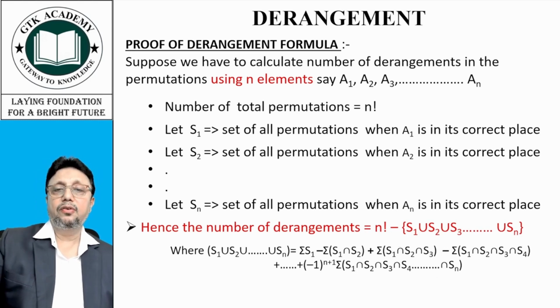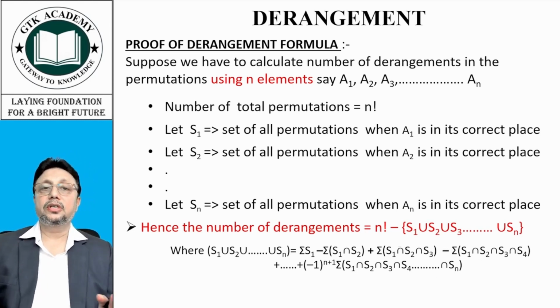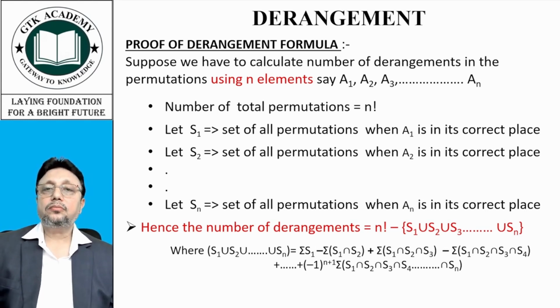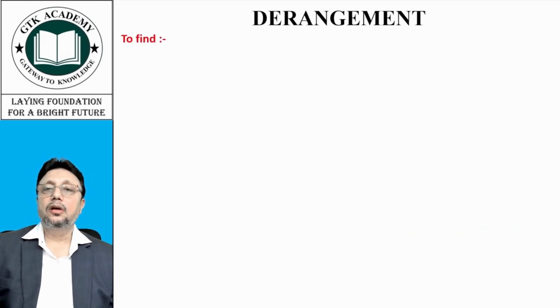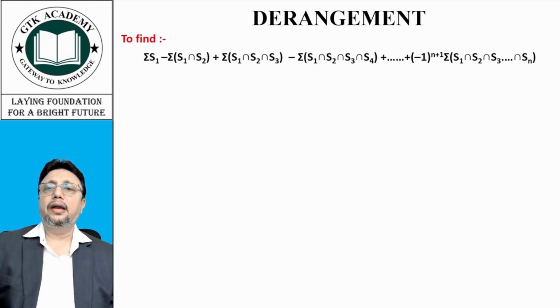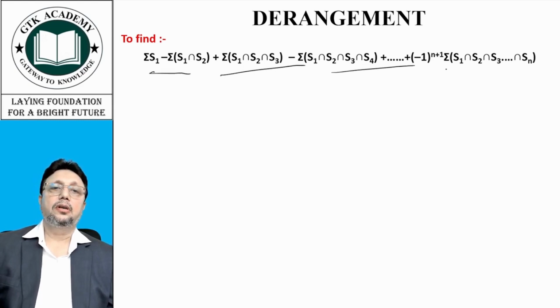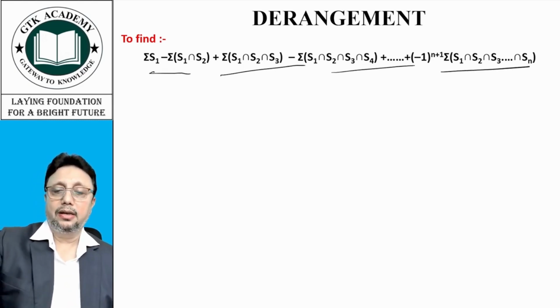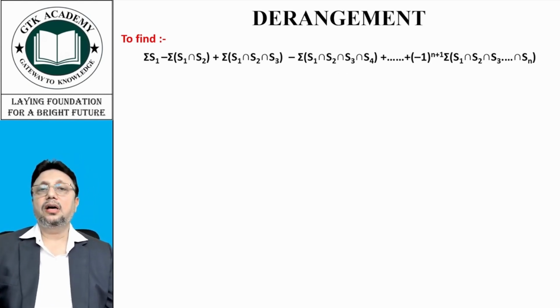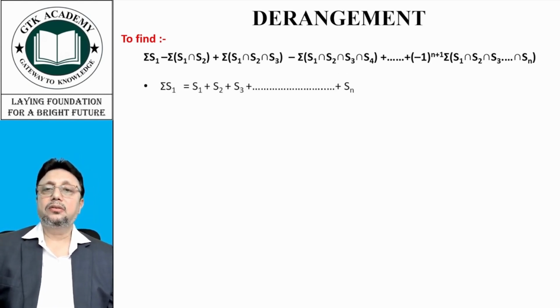We already have discussed, so no need of discussing it once again. Now we have to find this expression, and then we have to subtract it from factorial n. Now comes one more interesting part.